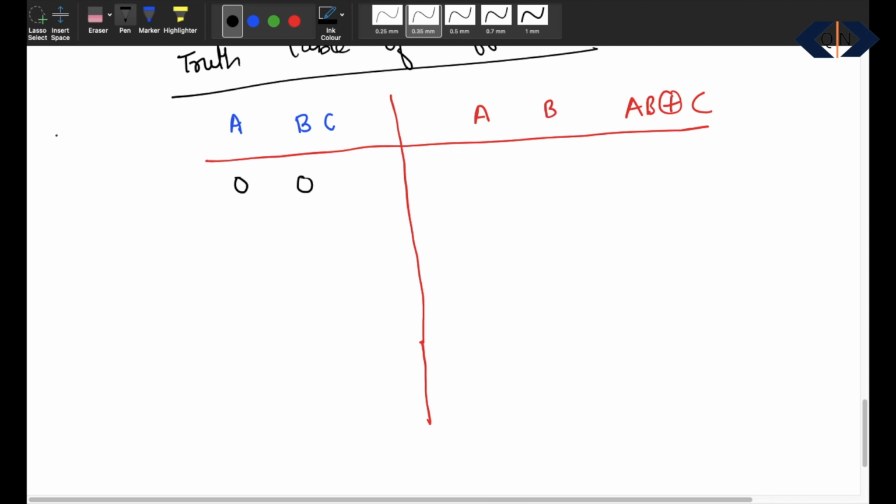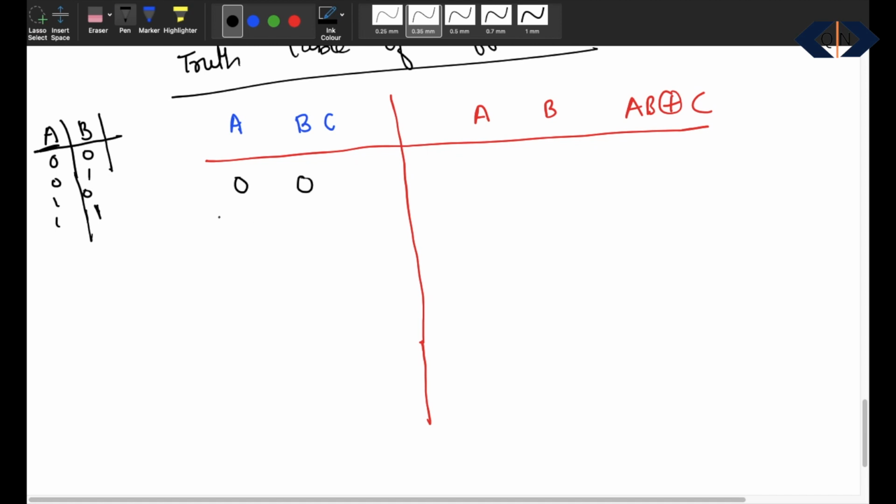Suppose you can assume it like this: our initial input for our AND gate. This will be 0, 0, 0, 1, 1, 0 and 1, 1, because this is our main input, and C we additionally added for our reference purpose.